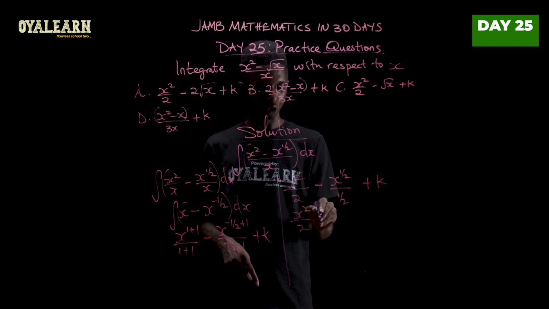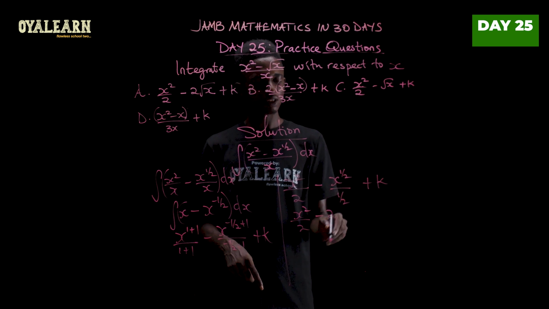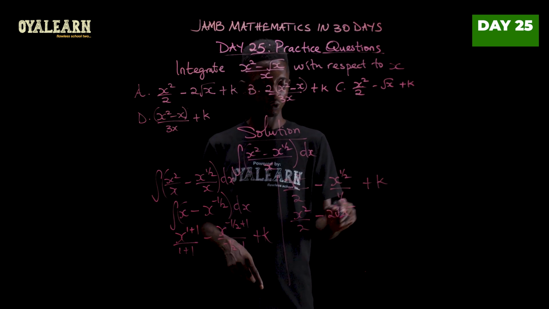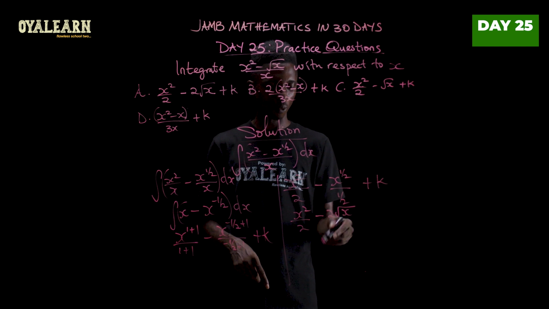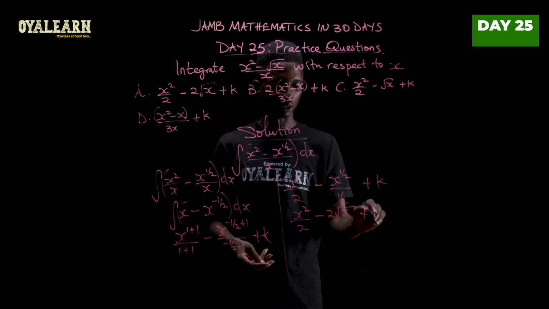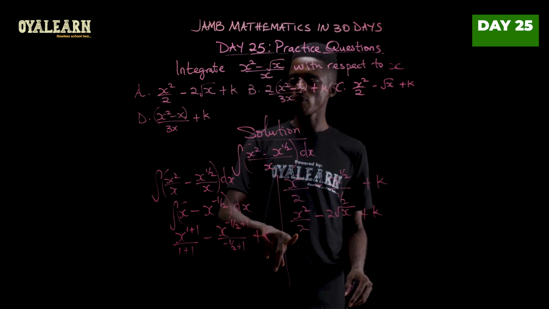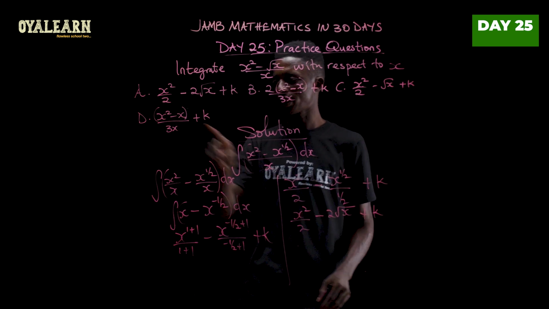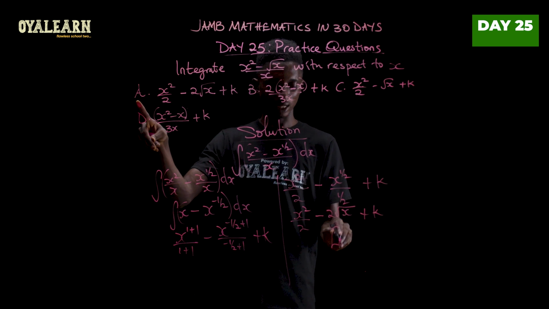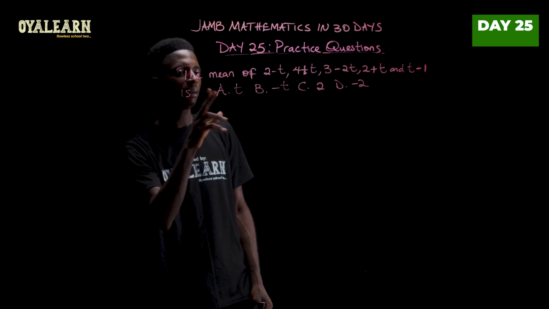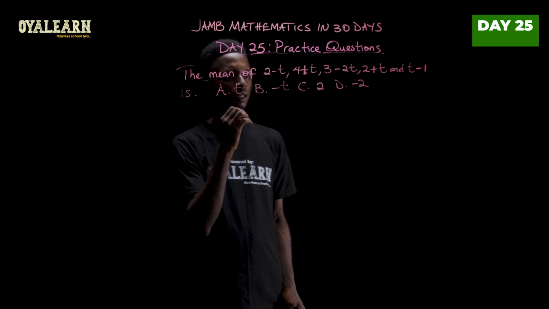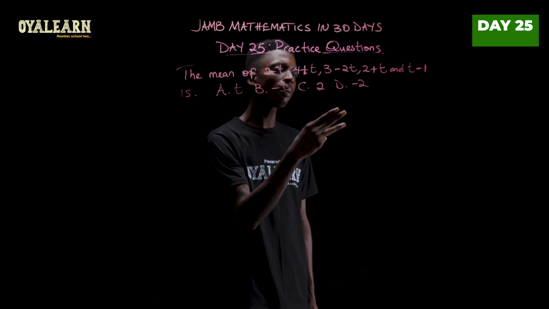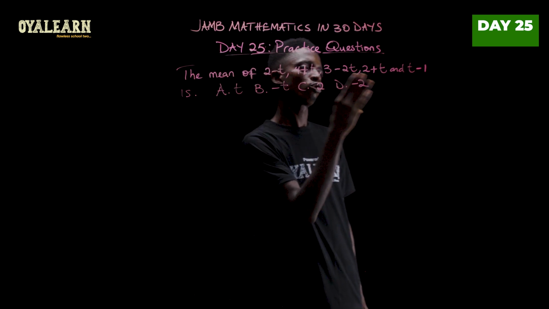Now this 2 goes up, so minus 2, and x raised to the power half is the same thing as saying square root of x, so over 1, so it remains the same, so plus k. So x squared over 2 minus 2 root x plus k, that is option A. So that's our answer.